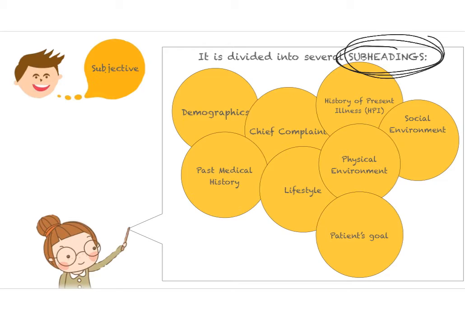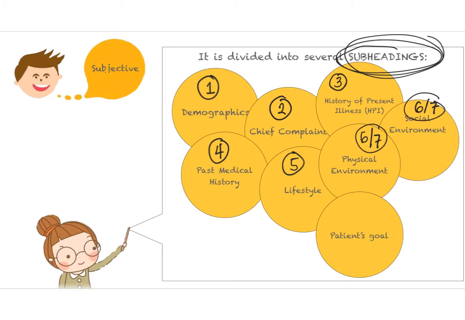So we start with the demographics, that's the first subheading, followed by chief complaint, the second subheading, followed by the history of present illness, followed by the past medical history, and then lifestyle. And then the physical and the social environment are interchangeable in terms of sequence. And then lastly, you have the patient's goal. So we will be discussing each subheading as we go along.